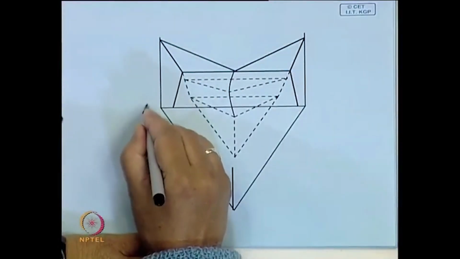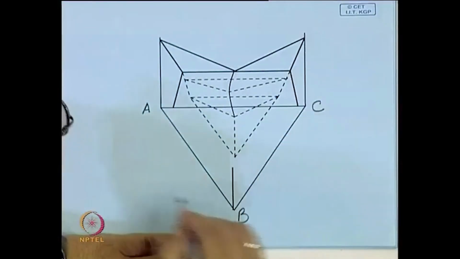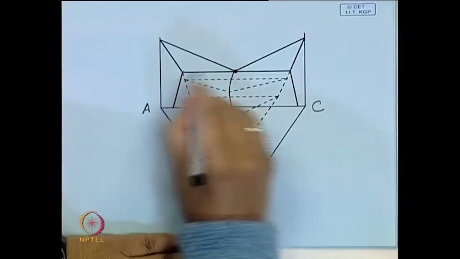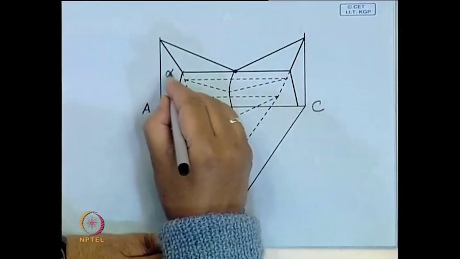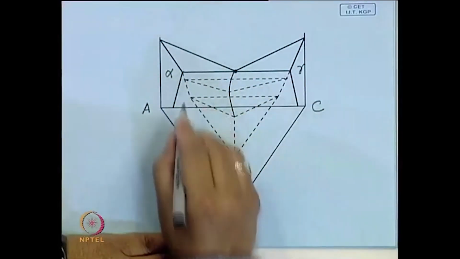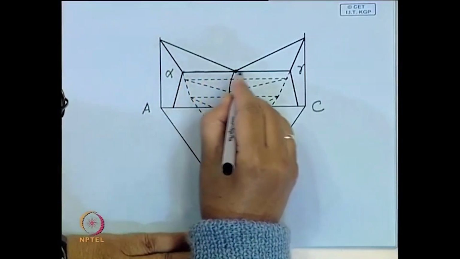Say suppose this is A, this is C, this is B. So, this is a binary eutectic between A and C, this portion is alpha, this portion is gamma. Now look at this here, binary eutectic, this is a line.